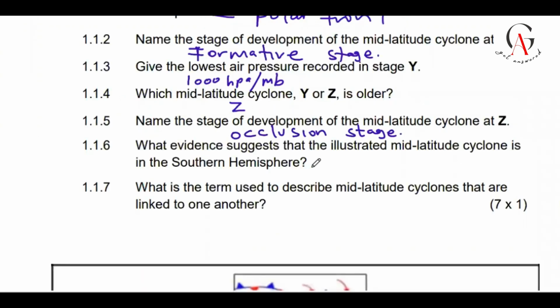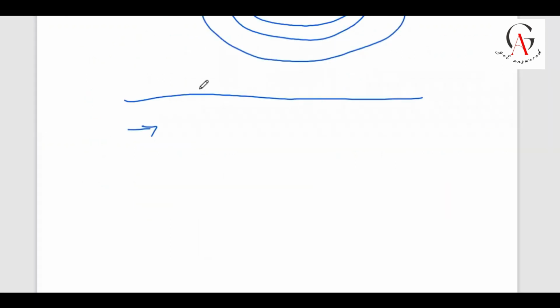We were saying, what evidence suggests that the cyclone is in the southern hemisphere? We can look at the 60 degrees line of latitude, because this S indicates that we are in the southern hemisphere.